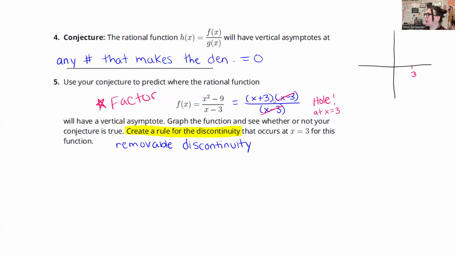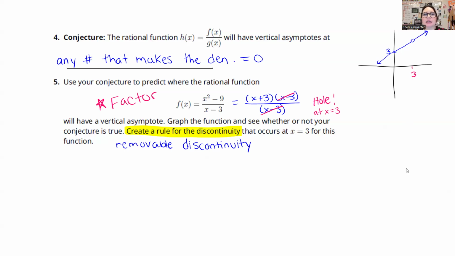That's the graph of a line. I'm going to cross my y-axis at 3. We have to remember how to graph a line. My y-intercept is going to be at 3, and then my slope is up 1 over 1. And so I'm going to estimate that I'm going to have my hole somewhere like that.